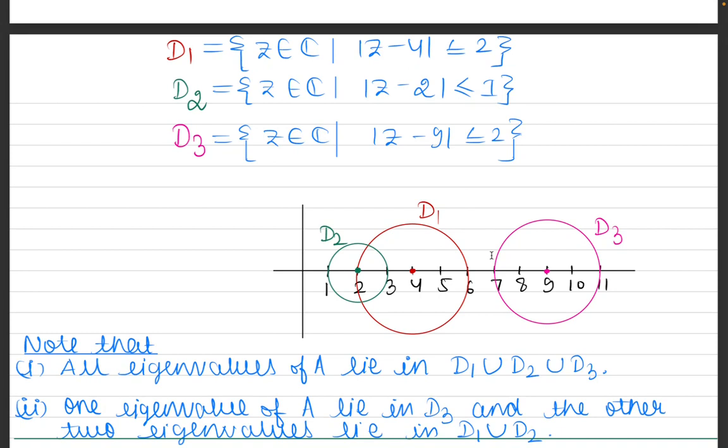Of course, we are saying all eigenvalues of A. And what is the second part?